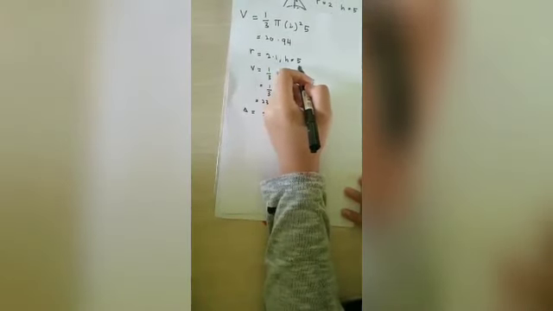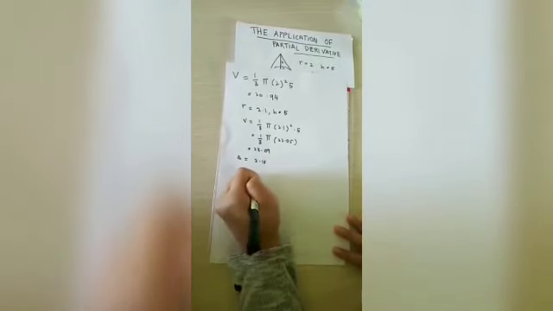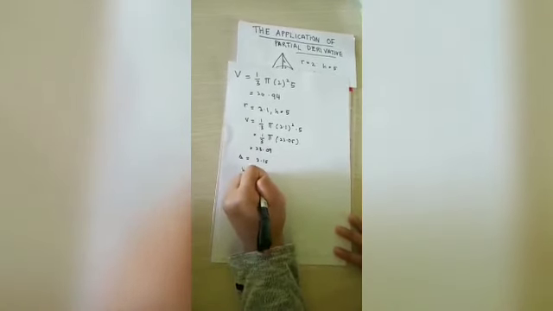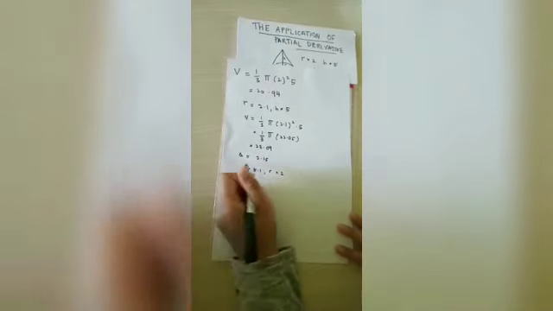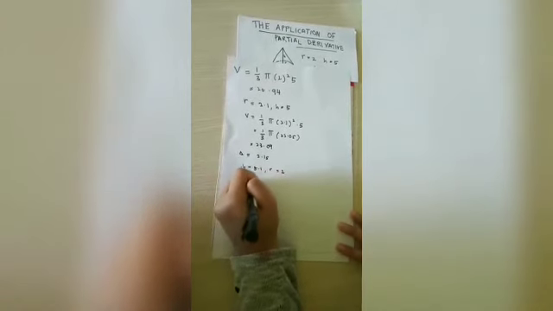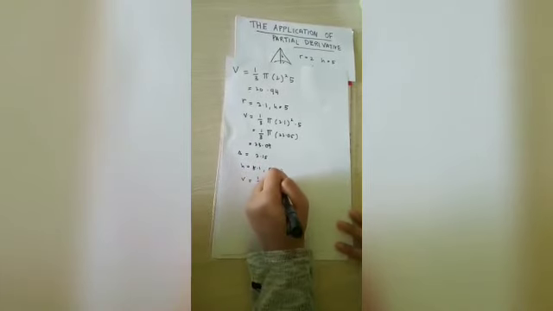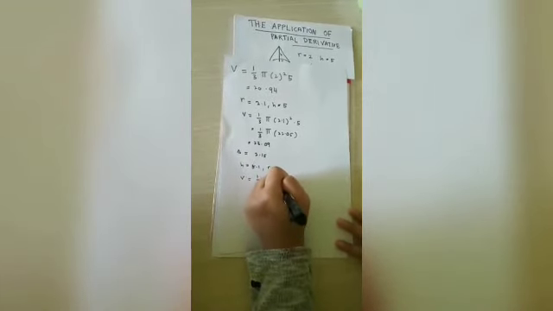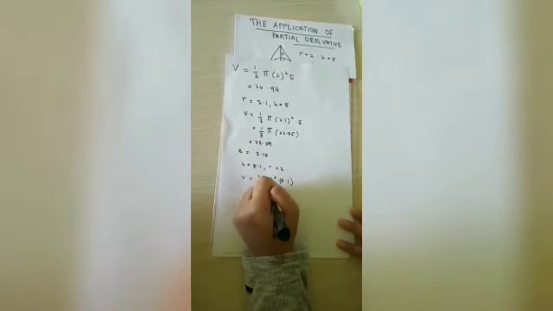Now we have to change the value of h by 0.1 from the old value. H is 5.1 and radius equals 2, and we put the values into the volume formula: 1 over 3 pi 2 squared times 5.1, and the answer is 21.36.